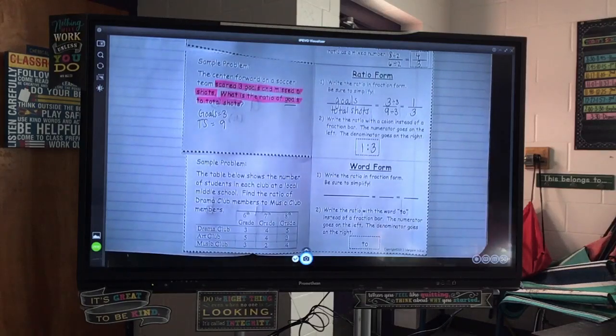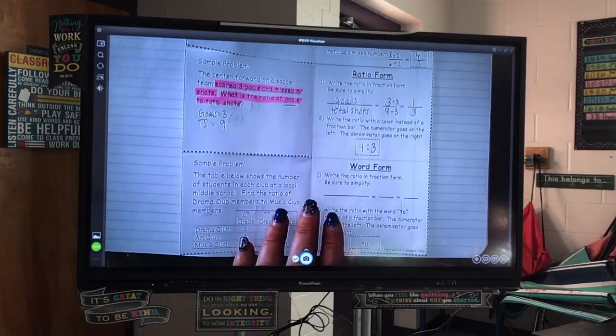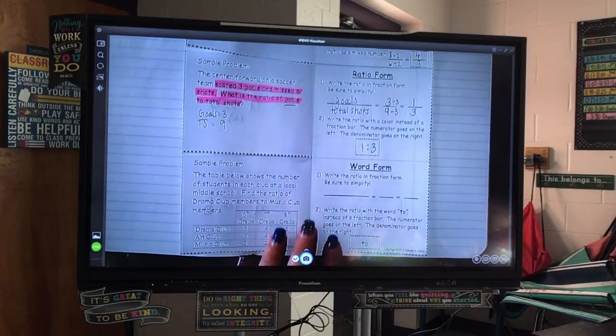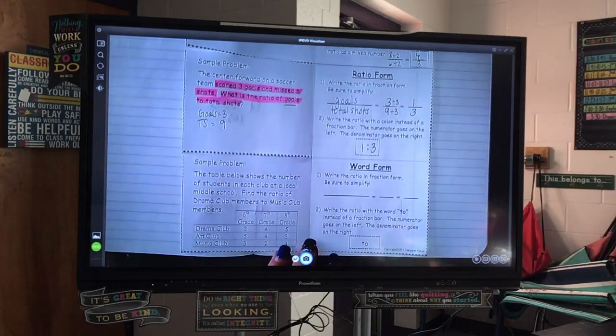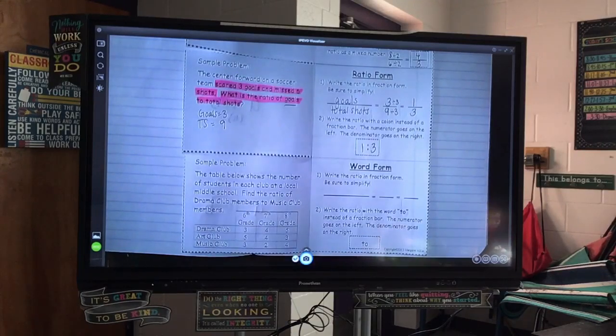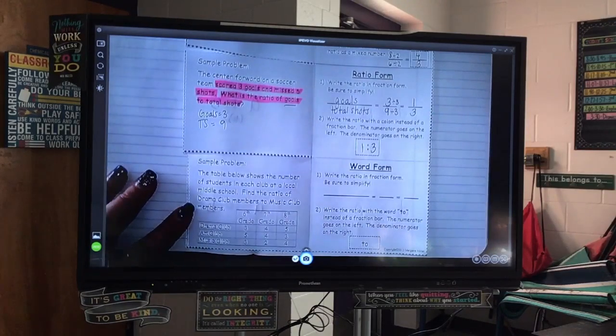It says, the table below shows the number of students in each club at a local middle school. Find the ratio of drama club members to music club members. Alright, so with this one, what's important in our question? Troy?